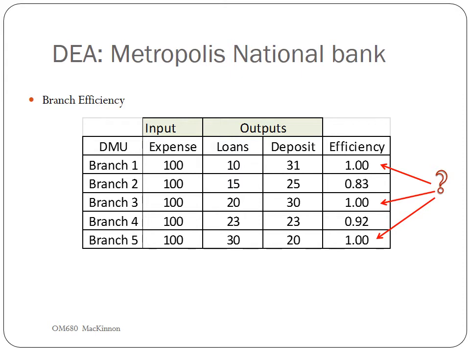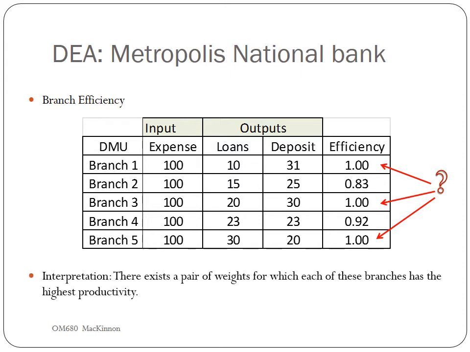The explanation is this: there exists a pair of weights for each of these branches that gives it the highest productivity. Obviously, all the expenses are the same, so it doesn't matter how they're weighted.